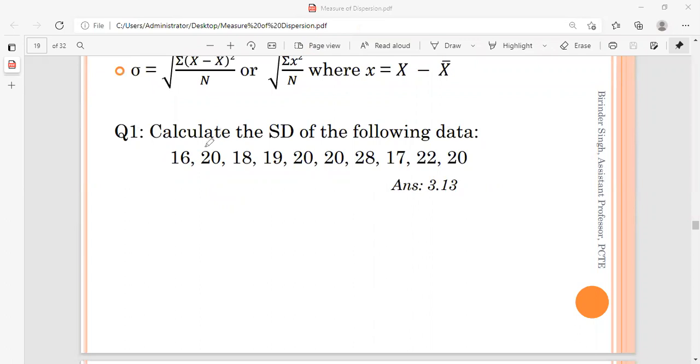See, this is a data set in the form of an individual frequency distribution, and there is no proper arrangement of the data; the data points are put randomly. There is no specific order: 16, 20, 18, 19, 20, 20, 28, 17, 22, 20. So the total number of data points n is equal to 10 here.